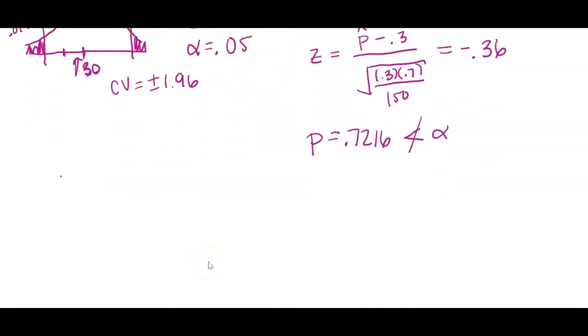So in this case, we're going to fail to reject H0.